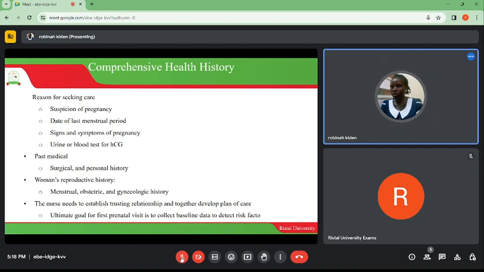Then the nurse needs to establish a trusting relationship and together develop a plan of care. The ultimate goal for the first prenatal visit is to collect baseline data to detect risk factors. The baseline of all happenings during the pregnancy is established at this first prenatal visit.